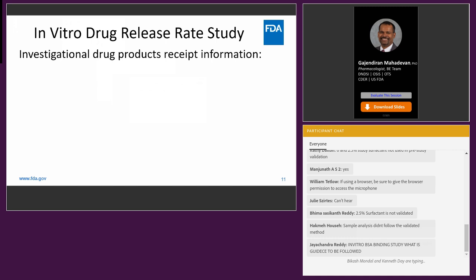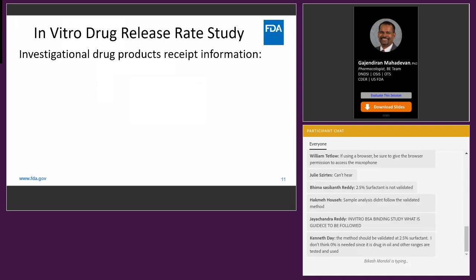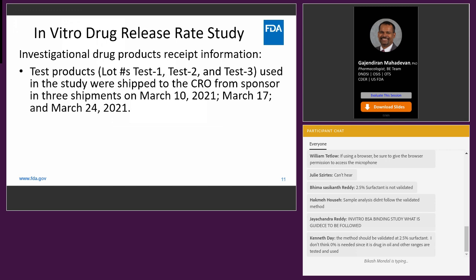For the next question, I'm going to provide you some background information followed by the question. So this slide provides the investigational drug products received at the site for both test and reference product.